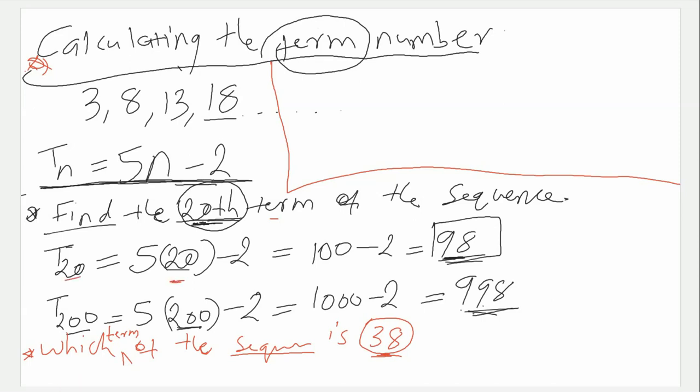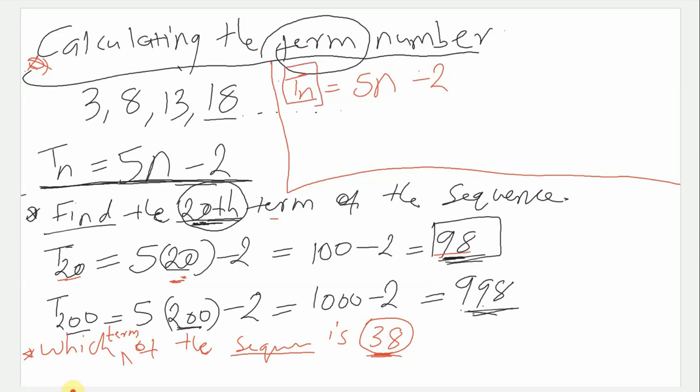But here you were calculating the value of T20, which is 98. But if the question was, which term number is equal to 98, then you're going to do it the other way around. So I'm going to do that. Using our formula here, which is Tn is equal to 5n minus 2, this number here will be substituting Tn.